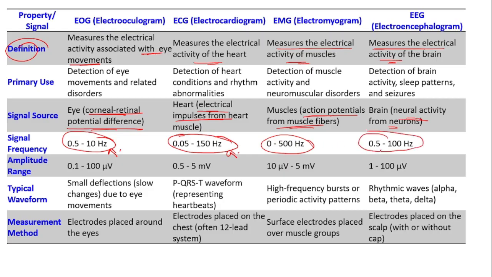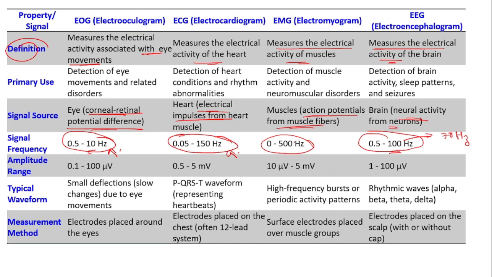So ECG has 0.05, and EOG and EEG have 0.5 as the minimum frequency. EOG terminates at 10 hertz, EEG terminates at around 100 hertz. In some books, you may find that EEG terminates at 70 hertz, but overall the maximum frequency that you might get is 100 hertz.